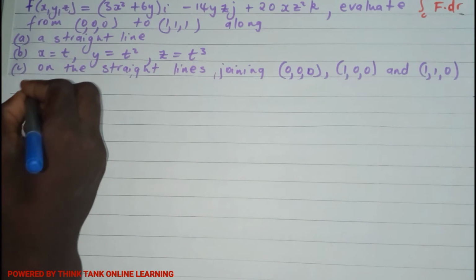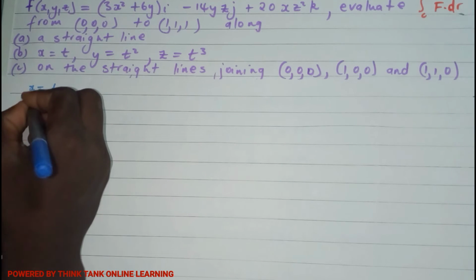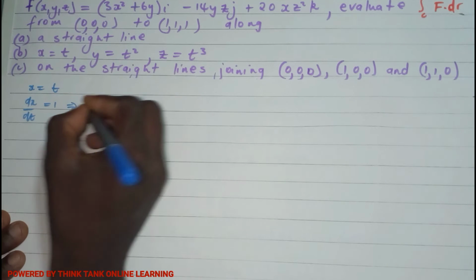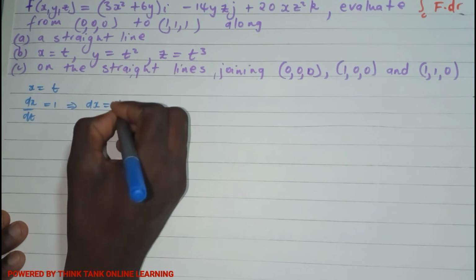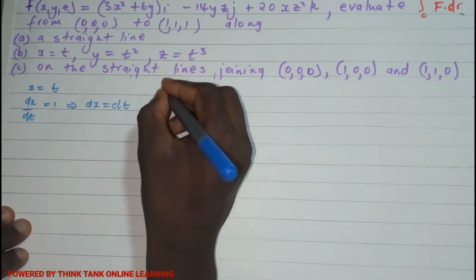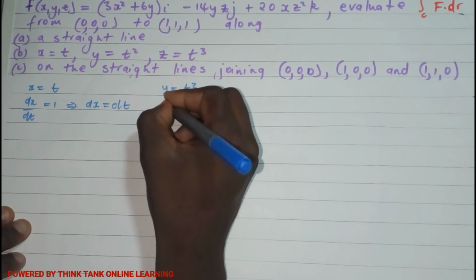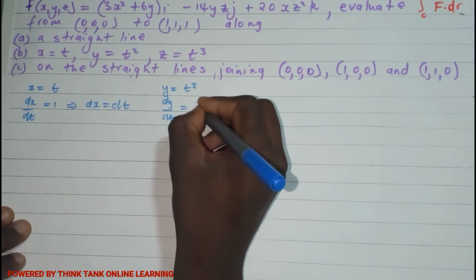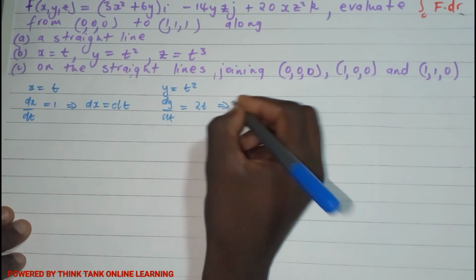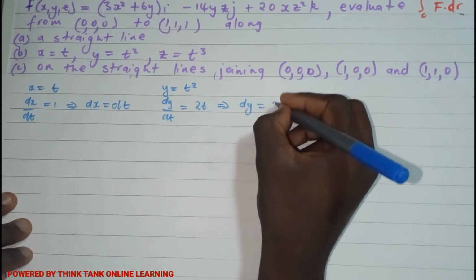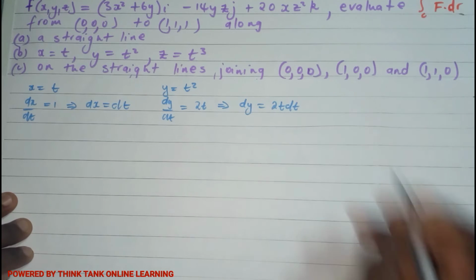So x equals t, that means dx/dt equals 1, and that means dx equals dt. Now y equals t squared, that means dy/dt equals 2t, and this means that dy equals 2t dt.